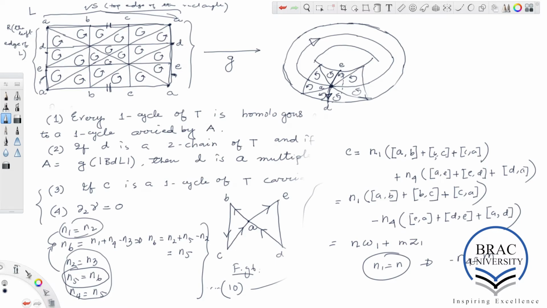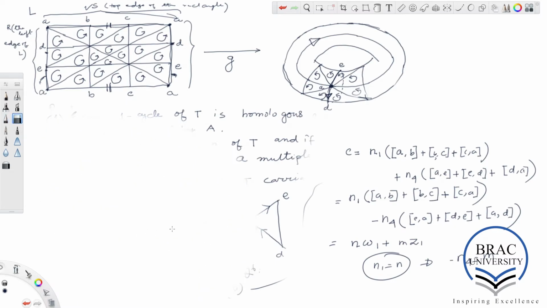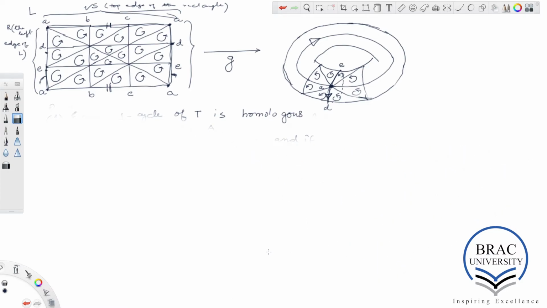Now we need to prove 4. Okay, let me erase everything here. So this figure, we are going to use this figure again.